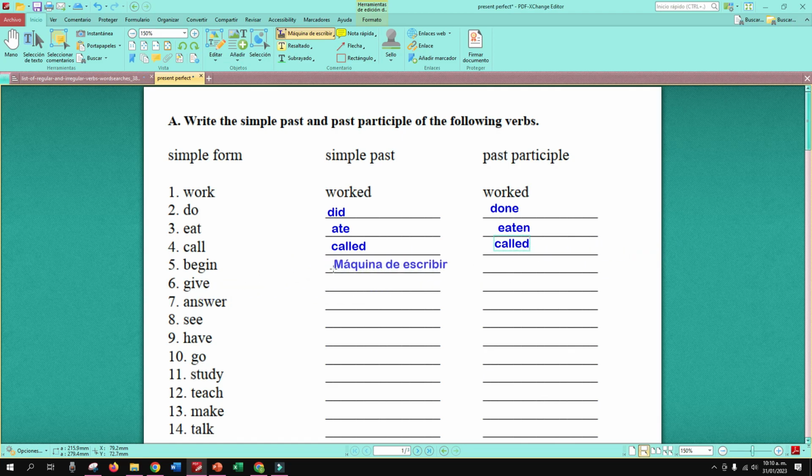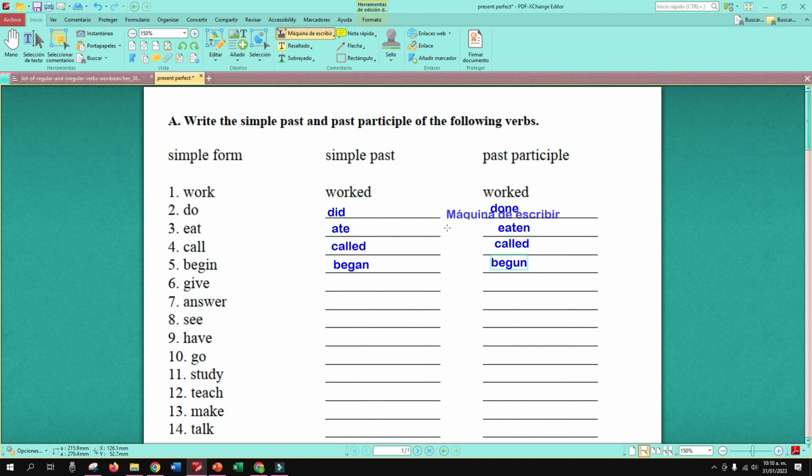Perfect. What about begin? In past, what is it? Began. Excellent. And in past participle, begun. Yes.